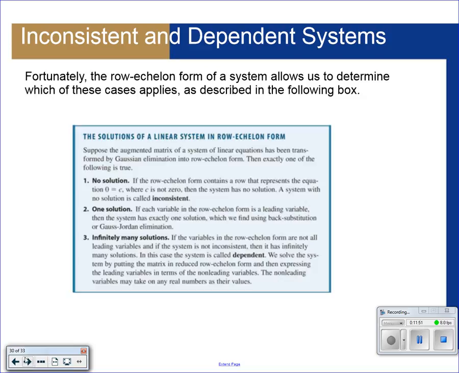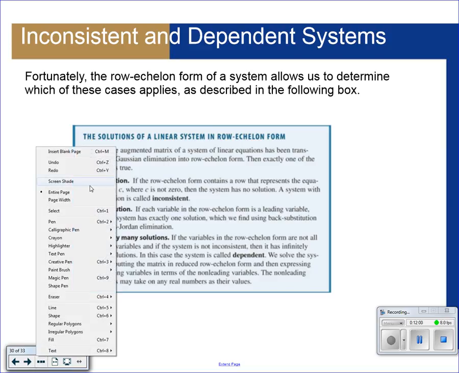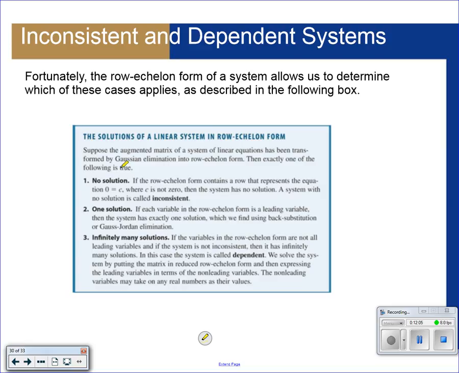So the row echelon form of a system allows us to determine which of these cases apply. This is just going to tell you when you're going to have these different cases, and I'm going to highlight some parts. So if you've transferred it into row echelon form, then one of the following is true. You could have no solution. That's going to happen when you have a row that represents an equation of 0 equals some constant c, where c is not 0.